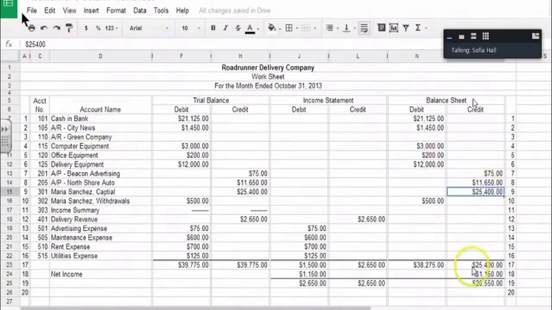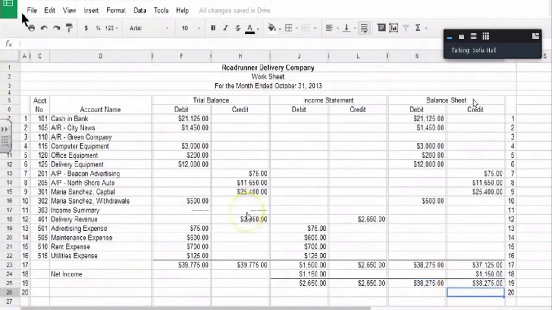So I want to take this formula right here and I want to correct it. I want to do the sum of all three of these columns together, okay? So all I did was I changed that formula, and what do you know? It comes out to 38,275 down here because I had my formula and I changed this cell plus this cell, it automatically changed for me, okay? So now what I'm going to do is just bring down this number here, and we've got two columns, our debit and our credit column, that now equal each other, okay?